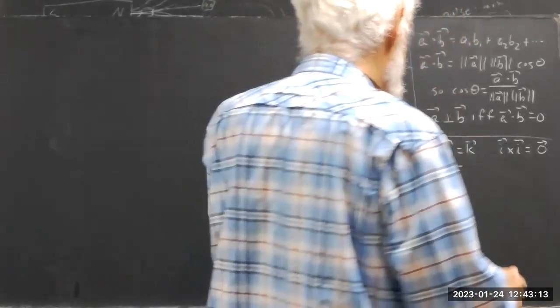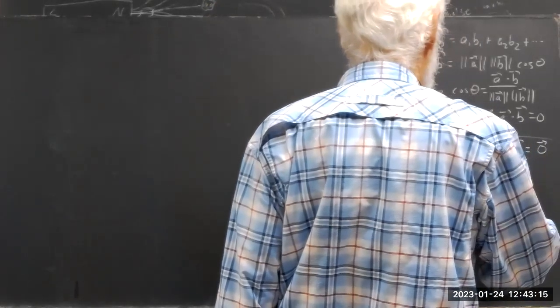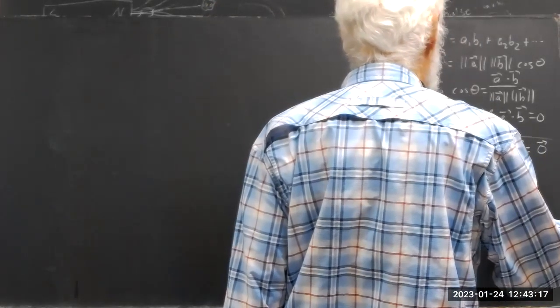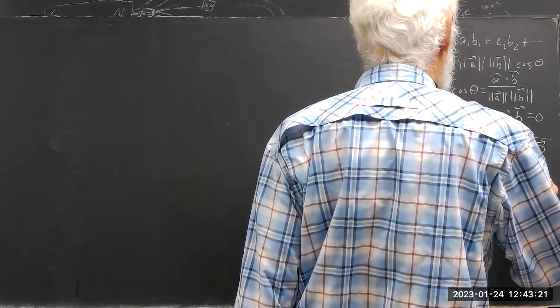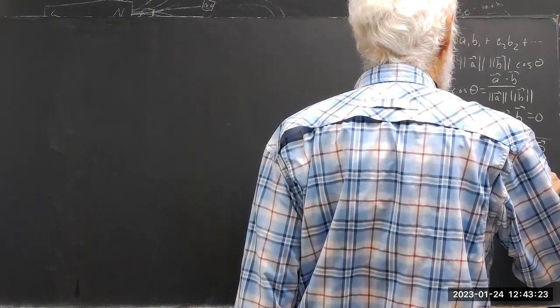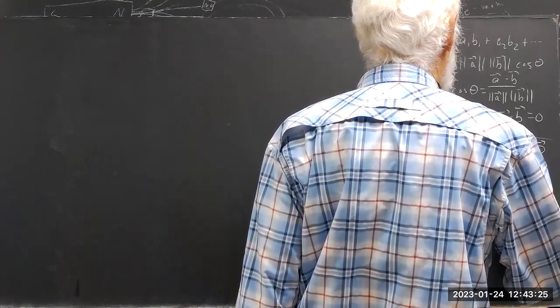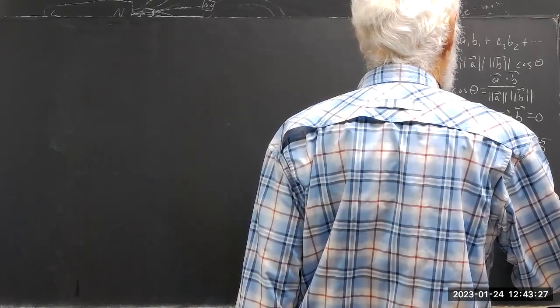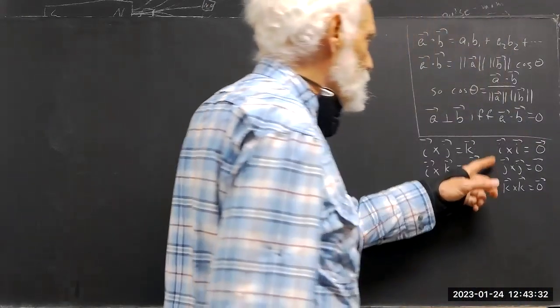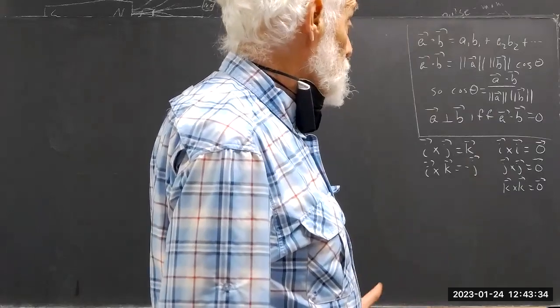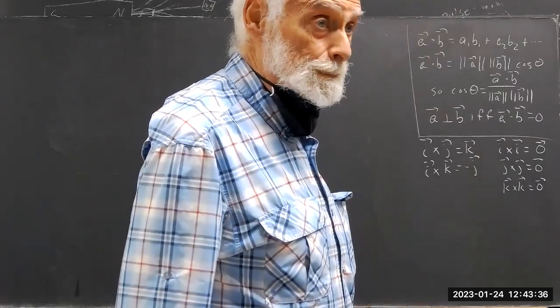Make sure you understand that. Any vector crossed with itself gives you the zero vector.